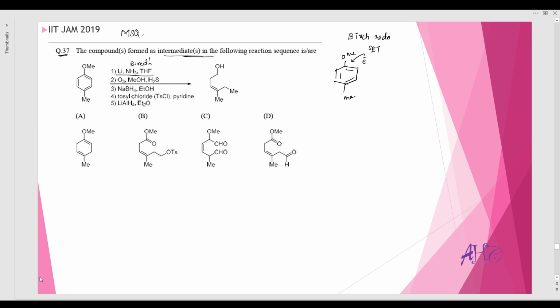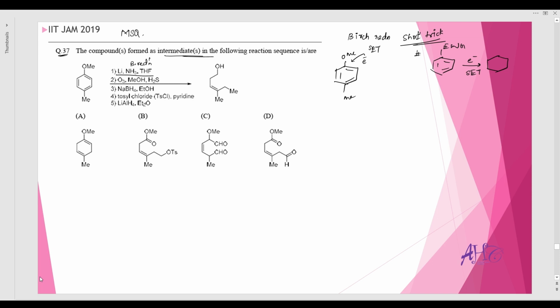So Birch reduction-ல ஒரு short trick என்ன அப்படின்னு பார்த்தீங்கன்னா, or you all know this is actually not a short trick. Okay, this is a short tip: if you have an electron withdrawing group, on Birch reduction, on single electron transfer, this is going to form an alkene like this.